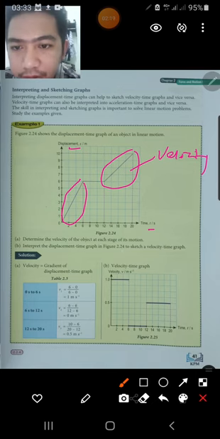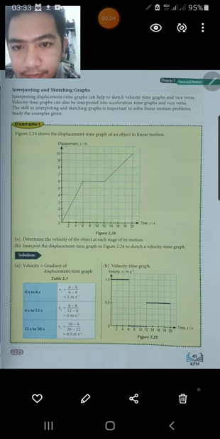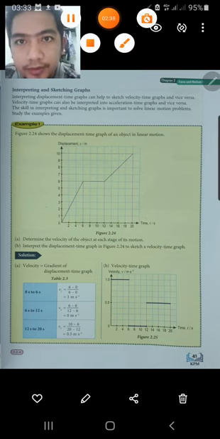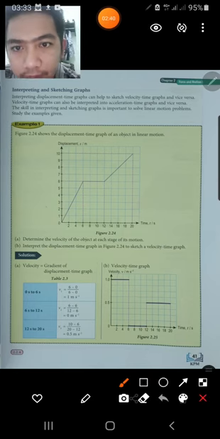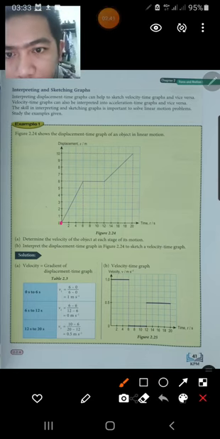Alright, let's look at the solution. Velocity is equal to the gradient of the displacement time graph. From 0 to 6 seconds, we have to calculate the gradient.